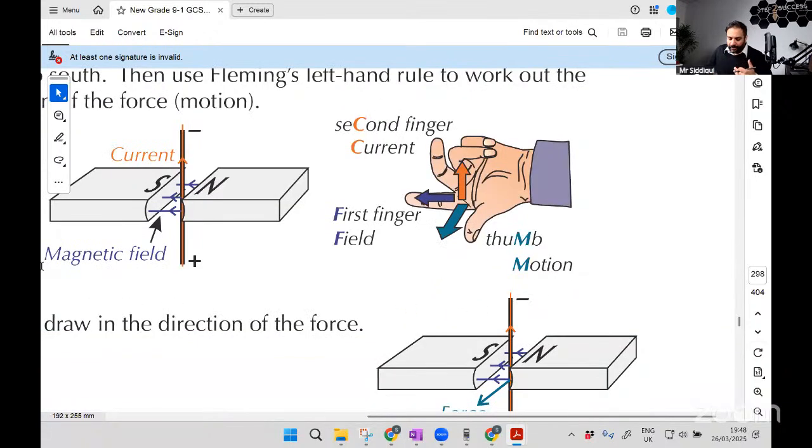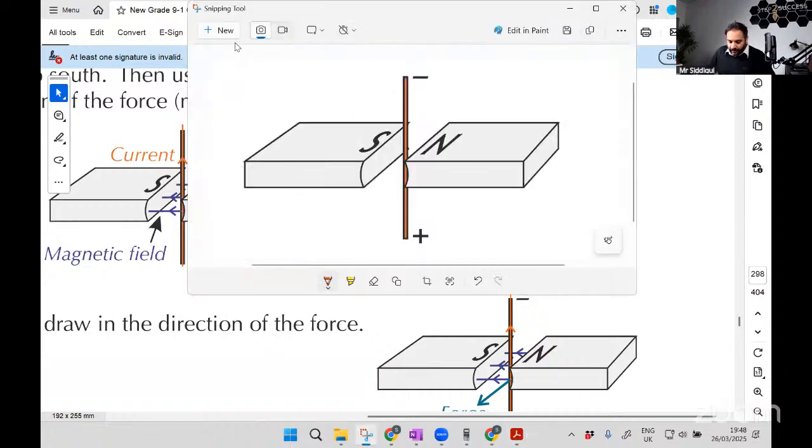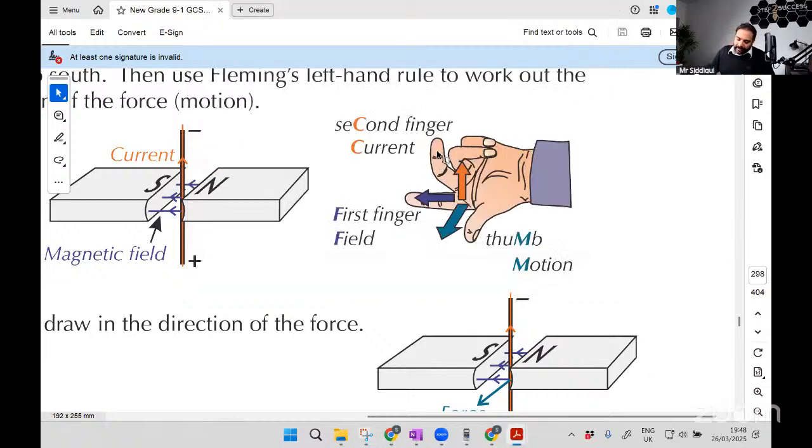Now, in order to begin to introduce the motor question in a second, if I, for some reason, swapped the direction this electricity was flowing, so for example, if I change that to a plus and change that to a minus, it means that the current is now flowing in this direction, which means that what I would need to do with my hand is swap it so that the second finger is pointing downwards, right?